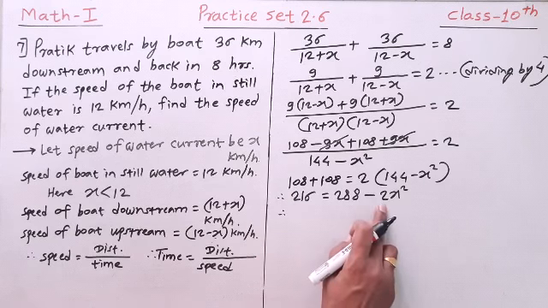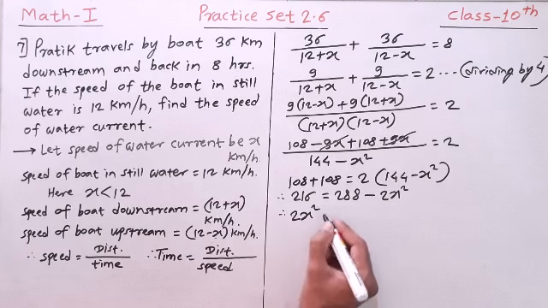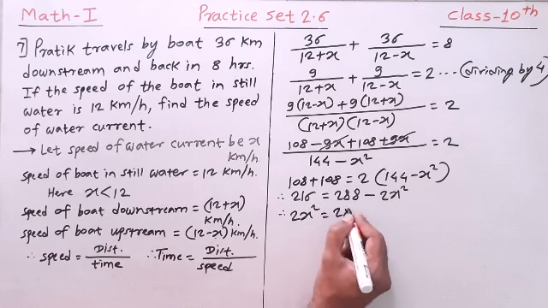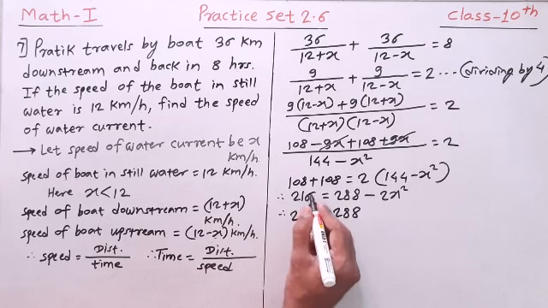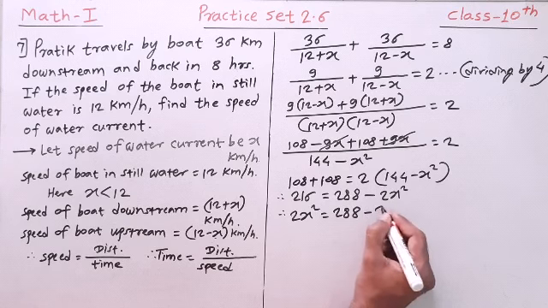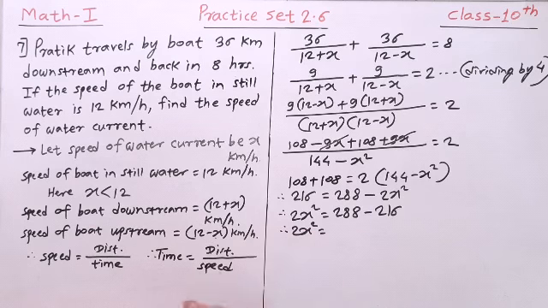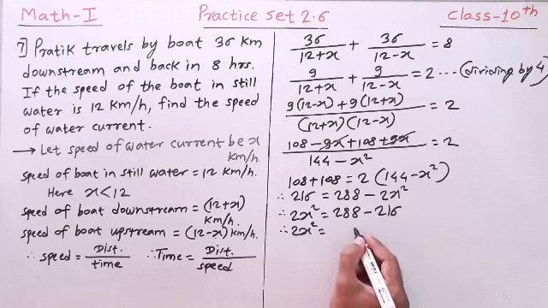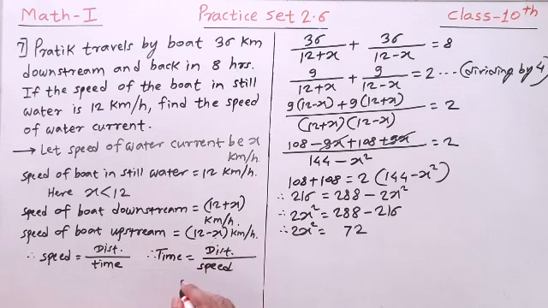Suppose we shift negative 2x square on the left side, it becomes positive 2x square. 288 is at its own position. 216 is positive. If shifted to the right side, it becomes minus 216. So 2x square is equal to, subtraction, 8 minus 6, 2, 8 minus 1, 7, 2 minus 2, 0.